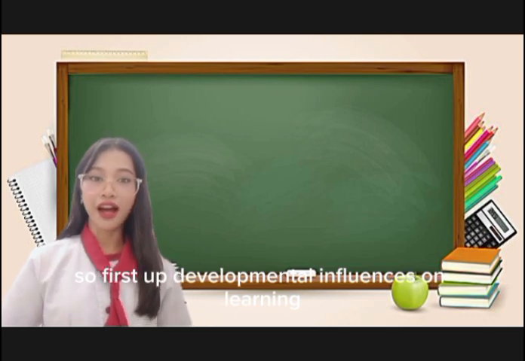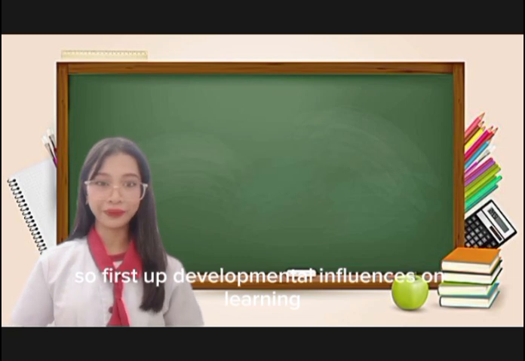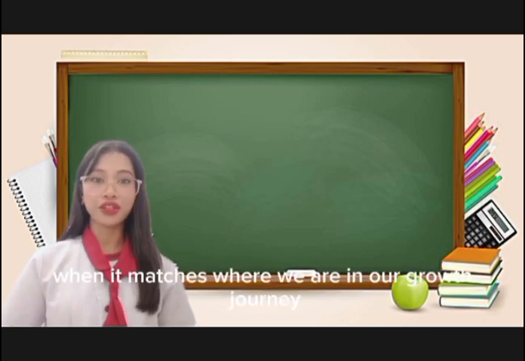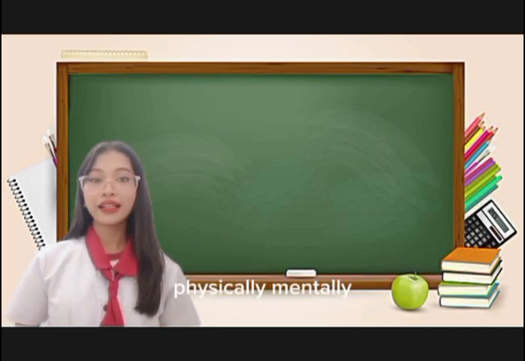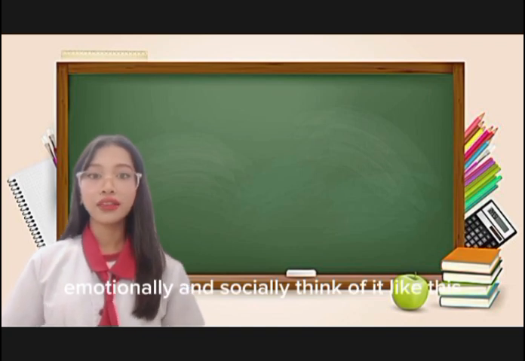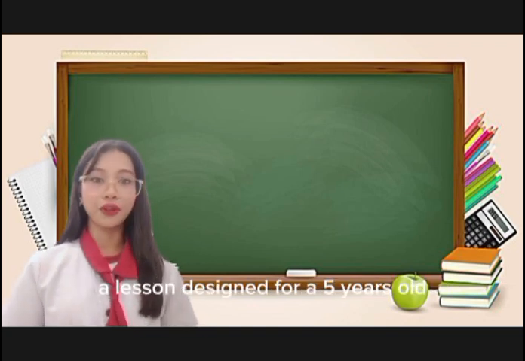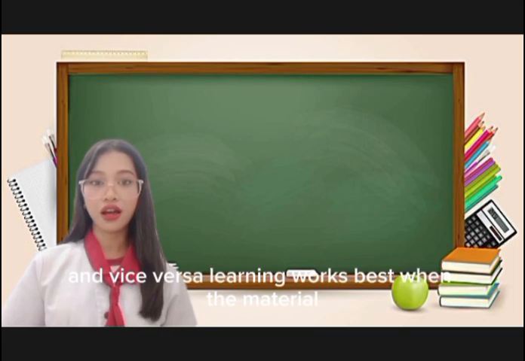So, first up, developmental influences on learning. Learning is most effective when it matches where we are in our growth journey: physically, mentally, emotionally, and socially. Think of it like this: a lesson designed for a 5 year old won't work for a 15 year old, and vice versa.